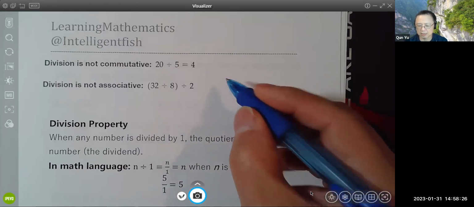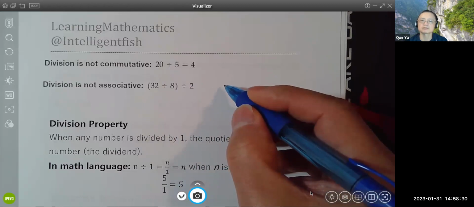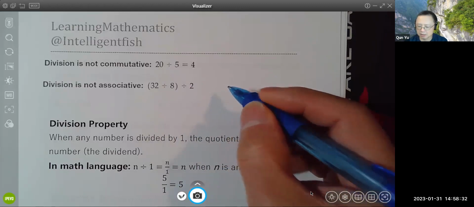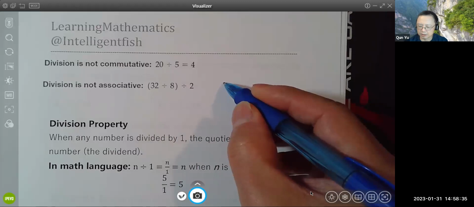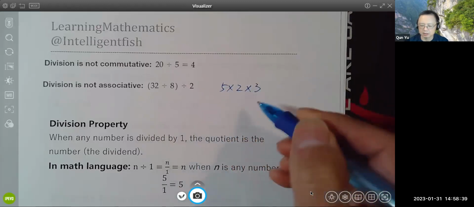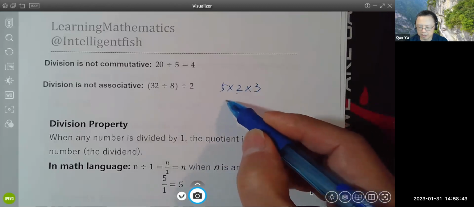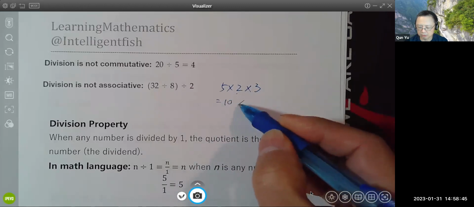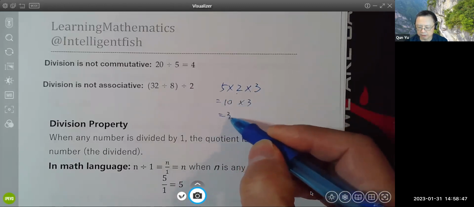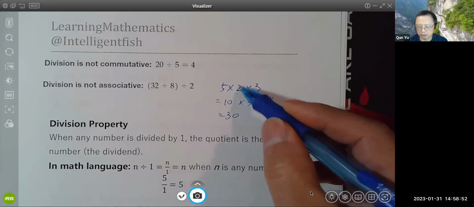Let's take an example just to illustrate. There is an associative property for multiplication. Let's say 5 times 2 times 3. We can do the first operation first, which will give us 10 times 3, and the final answer is 30. Or we can associate these two together.